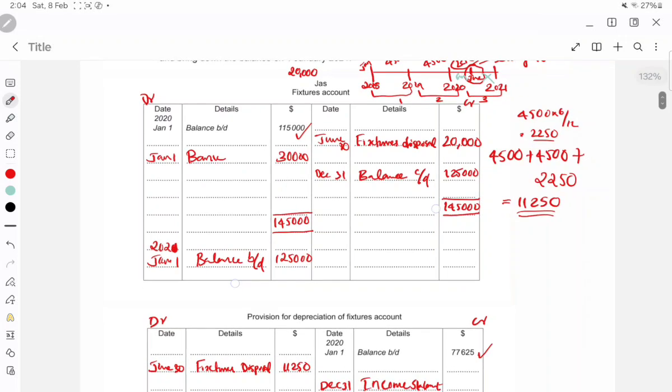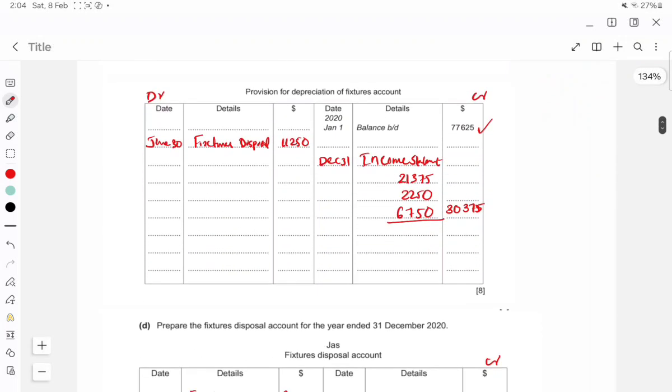The second one is the provision for depreciation account. We need to close it. Here the credit side is higher, isn't it? So 77,625 plus 30,375, in total you will get 1,08,000, isn't it? The balance amount we need to balance.